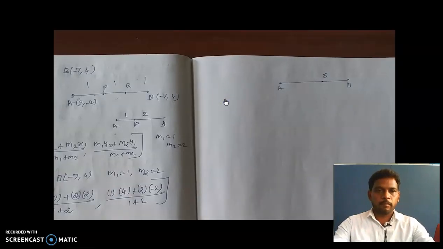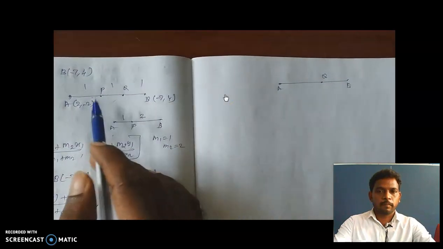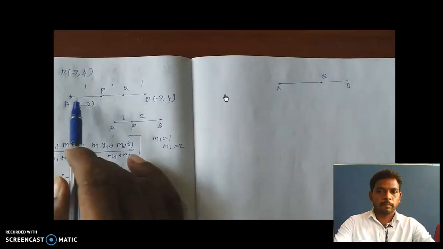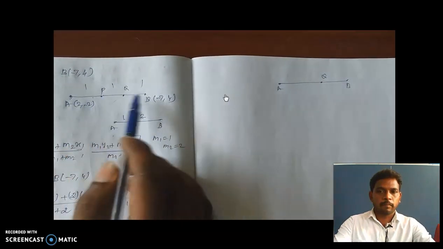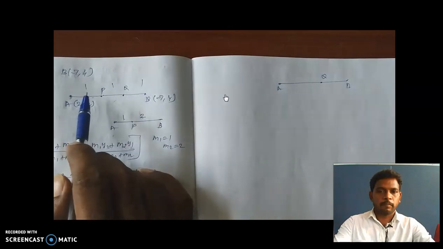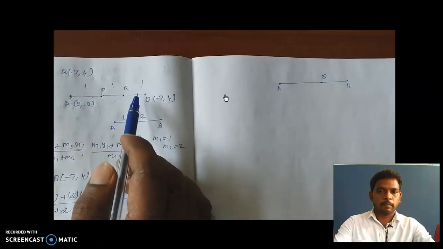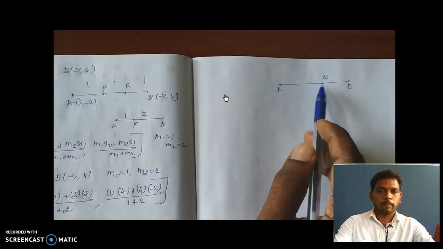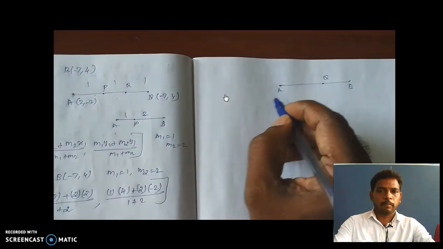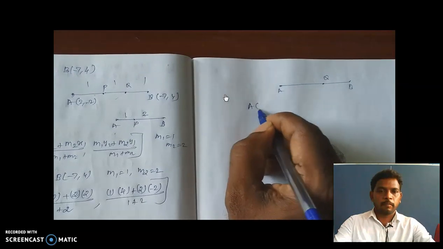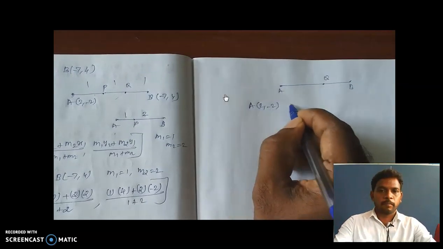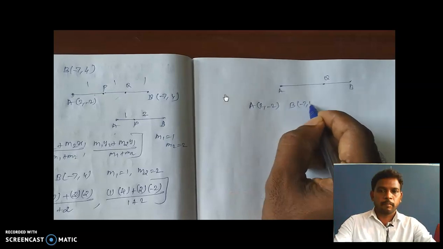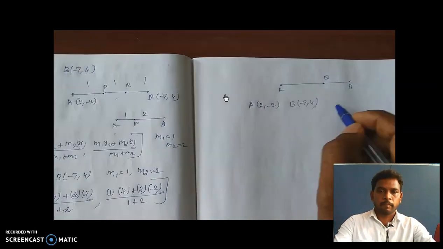Now to find the coordinates of Q. In the first line segment, the points P and Q divide it into trisection, that is 3 equal parts, 1:1:1. We found P already, now we are going to find Q. A is 2, -2 and B is -7, 4. Now we need a ratio.